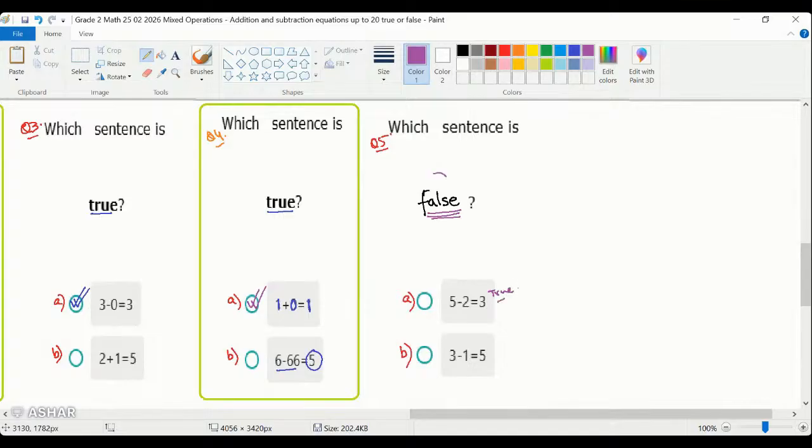We want the false. Which statement is false? 3 minus 1 is false because 3 minus 1 is not equals to 5. 3 minus 1 is equals to 2. We have to mark the false statement, right?